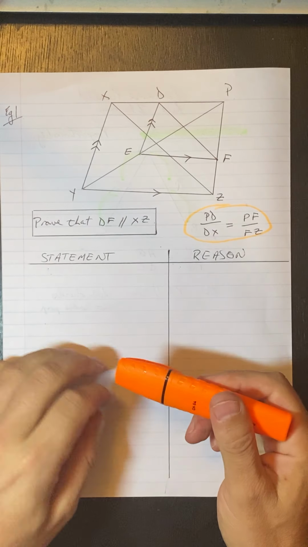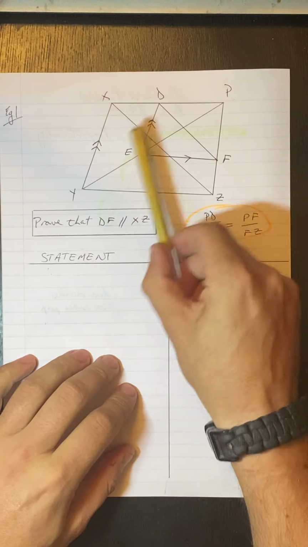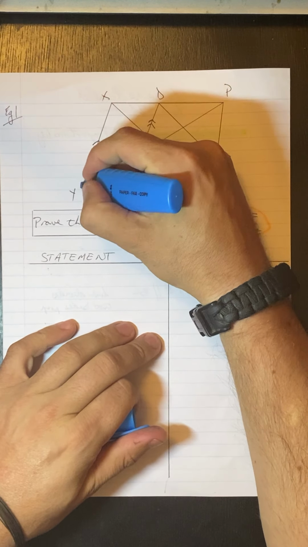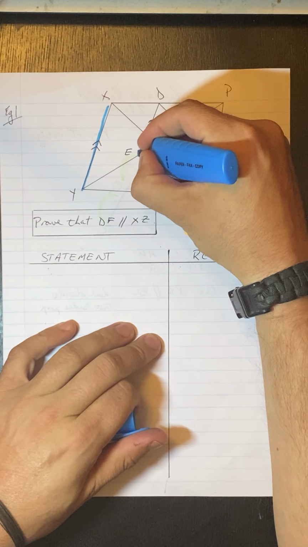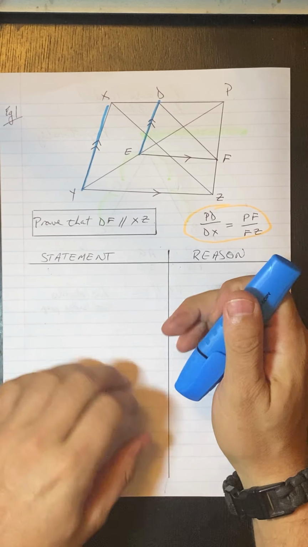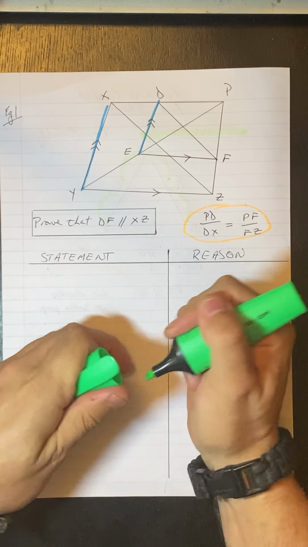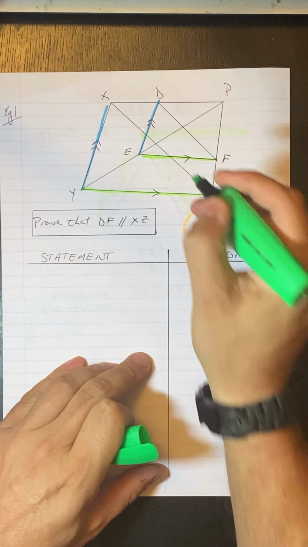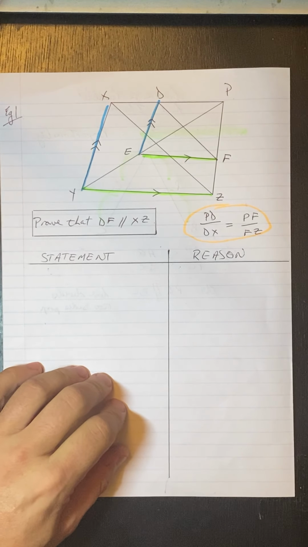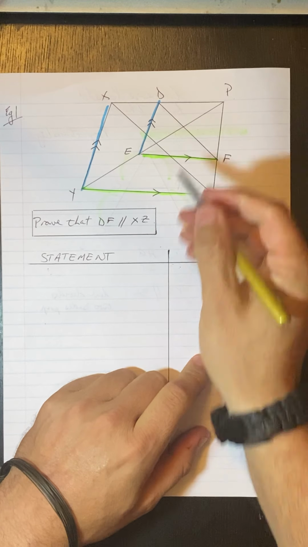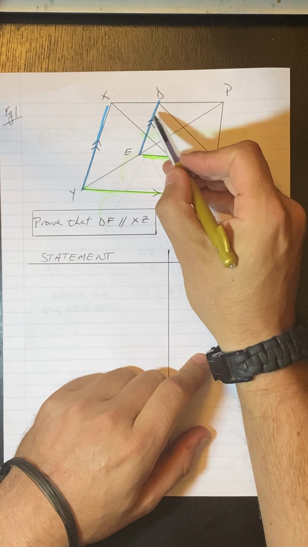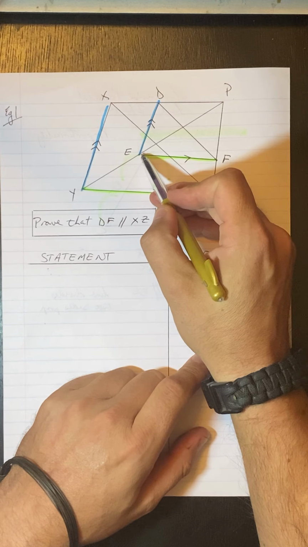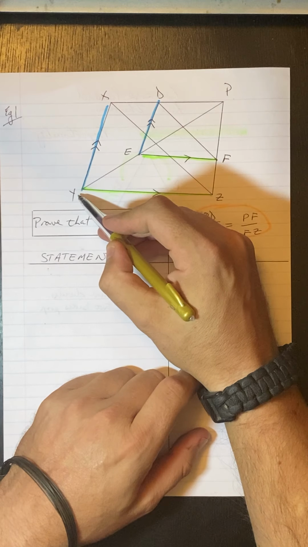Let's have a look at what we've got here. We've got a couple of parallel lines, so let me highlight them so we can see what is going on. First of all, using the blue lines, I can see that PD to DX will be PE to EY.